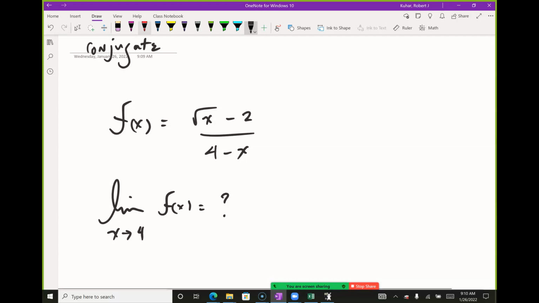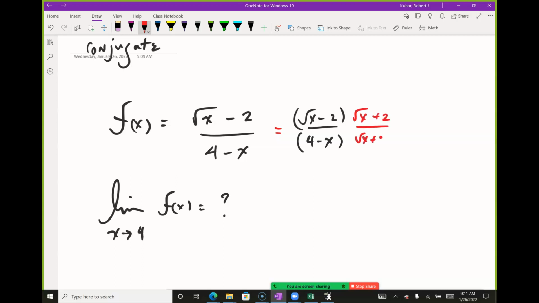So I need a replacement function, so I'm going to use the conjugate here. My original is square root of x minus 2 over 4 minus x. Multi-terms I want to wrap in parens, and I want to use the conjugate, square root of x plus 2 over itself. So look at where the radical is, and get the conjugate of that piece.